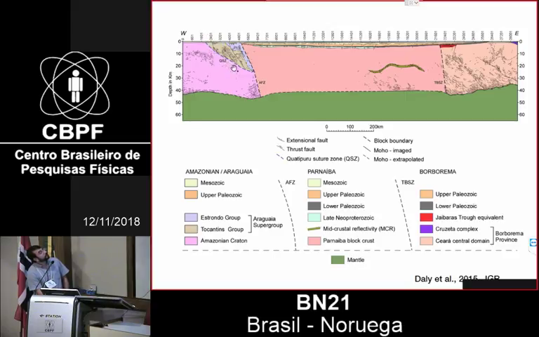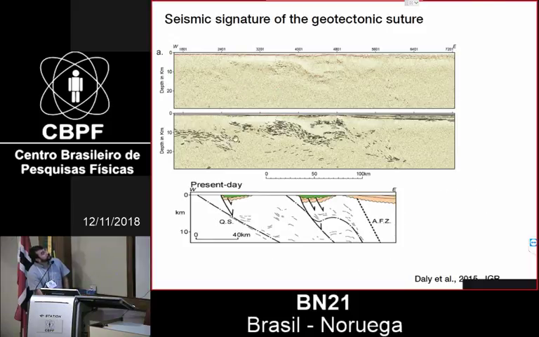It roots into this major suture that is marked by a completely different reflection pattern deep in the crust and going to the Moho. Here we have a detail of that section that was interpreted as a major suture that was called the Quatipuru suture. Here is the youngest basin, and here is the border of the Parnaíba Basin. That's a major basin to the east.